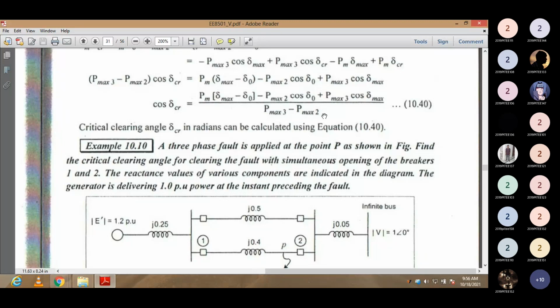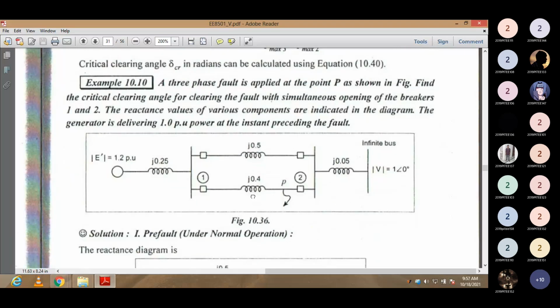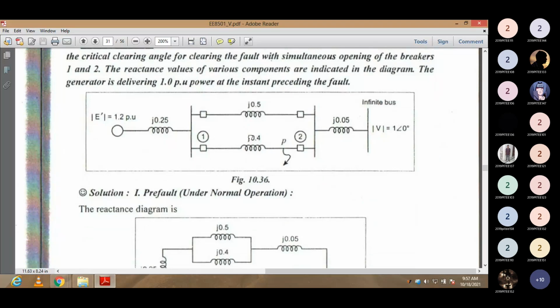If you substitute the values here, you can easily get your del CR value. Finally, take the cos inverse and you get del CR. You can use either this equation or the analytical method; both give the correct answer. In the next problems, there are two or three problems using this equation.